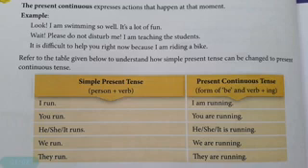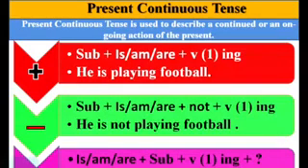Now let us see the formation of present continuous tense. Look at this picture. Present continuous tense is used to describe a continued or an ongoing action of the present. Here you have to first write the subject.